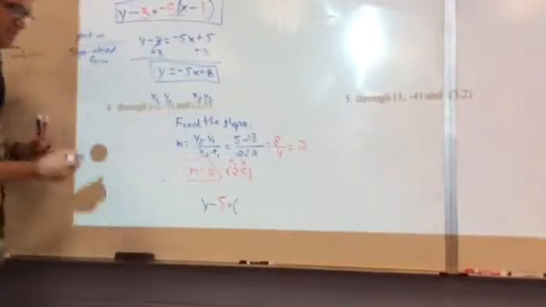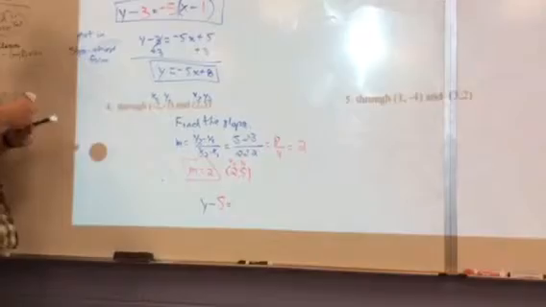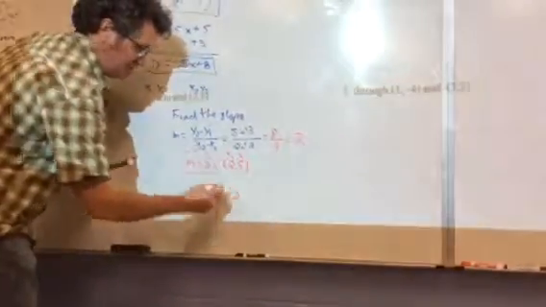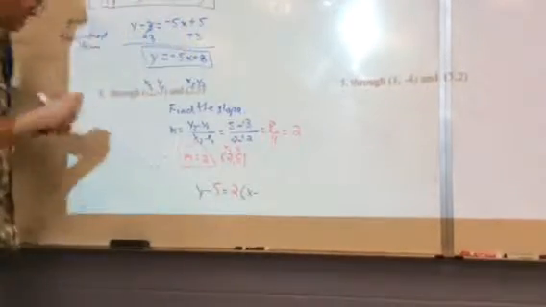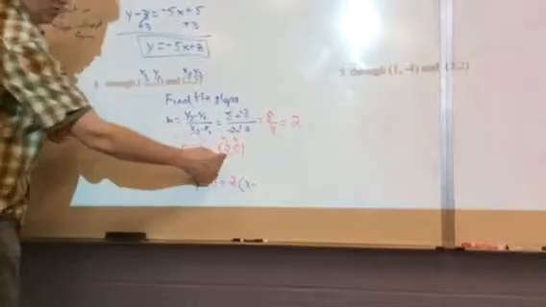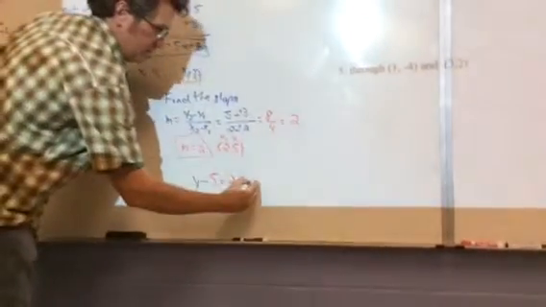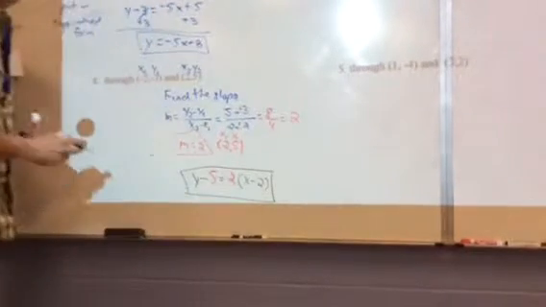Equals, what's the slope? The slope is 2. Now the parentheses, open parentheses, x minus, what's the x of the point we picked? It's going to be 2. And then you can leave it in that form unless you're asked to put it in another form.